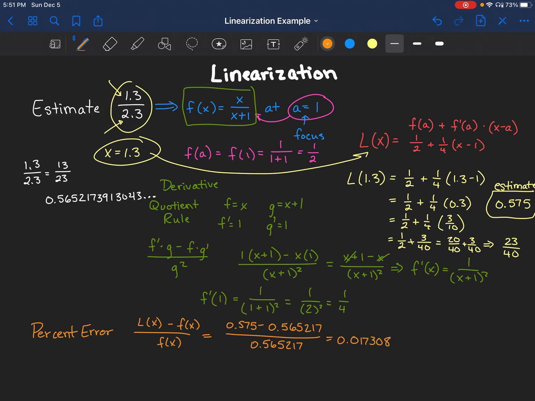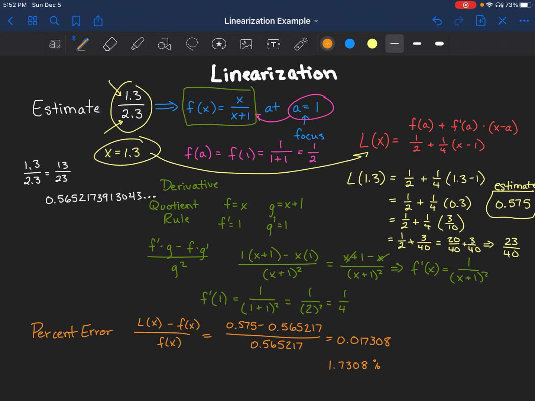And again, I'm rounding that off, which is, if I move the decimal place over two places, 1.7308%. So 1.7% is not a bad error. I've seen many that are several times bigger. So that's pretty close. It's pretty accurate.